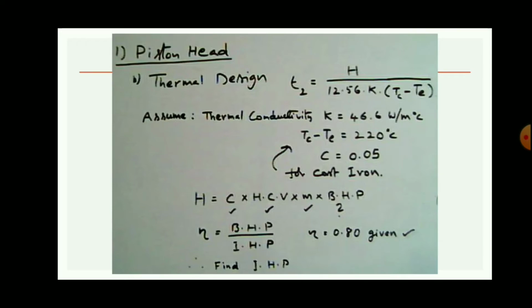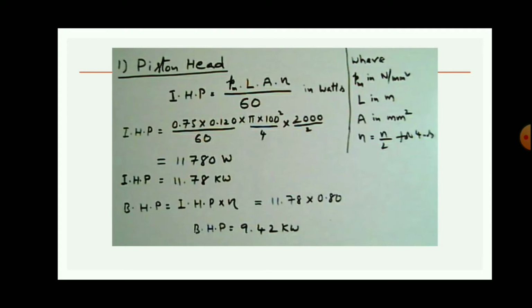And for calculating H, the formula we have already seen is C into HCV into m into BHP. For that, first we have to find BHP. We have only efficiency and IHP. The efficiency is given as 80%, so 0.80. For finding IHP, we have a formula which is P max into L into A into N by 60.